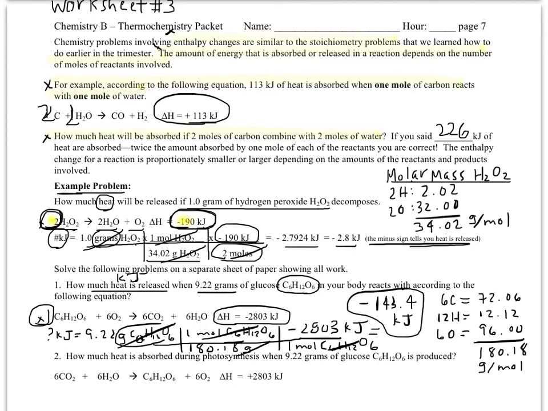And I will circle my final answer. And remember, again, it is important to put the negative sign. Negative sign is telling you heat is released, an exothermic reaction, rather than heat being absorbed, which would be the endothermic reaction.